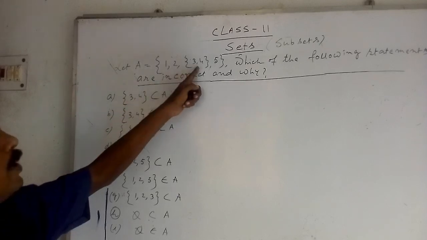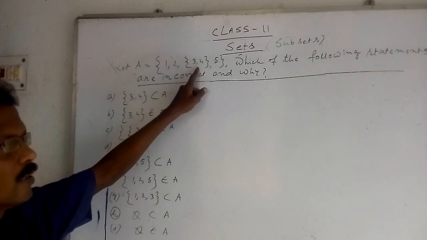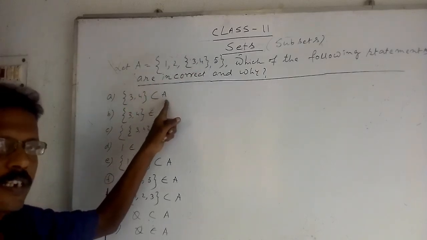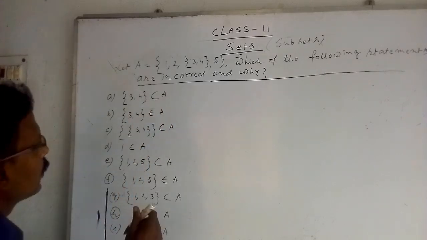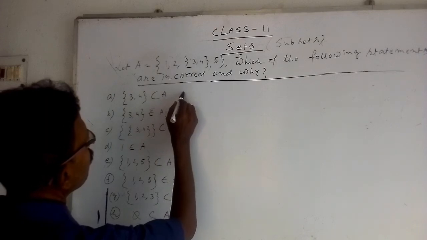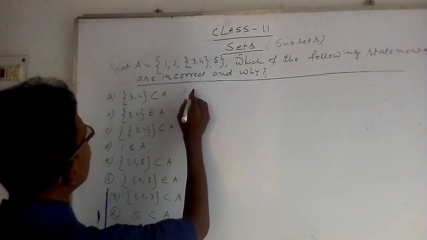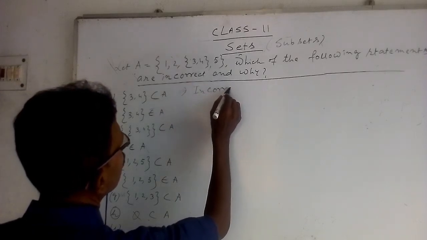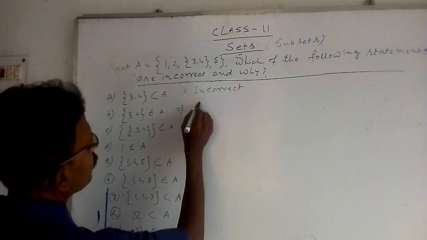This is treated as an element in this case, and an element cannot be a subset of a set. So you can put the belong sign. That is, this statement is incorrect. But the second statement is correct.